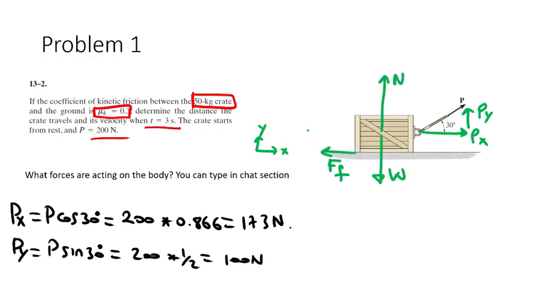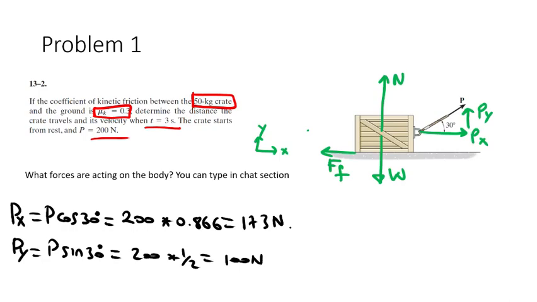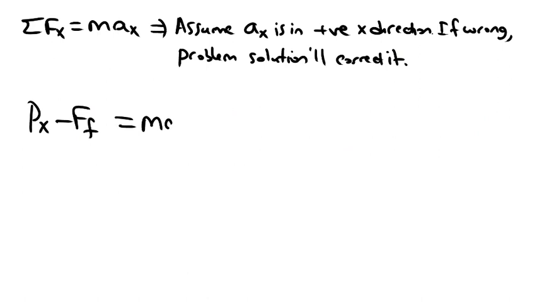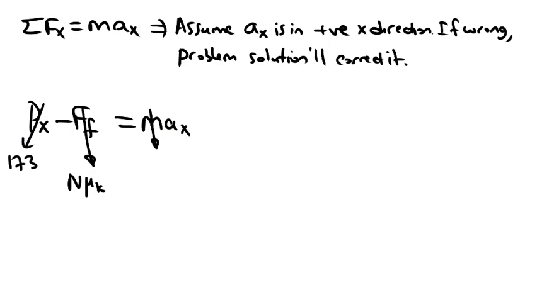We have Px, which is positive, 173, minus the frictional force, equal to m ax. Ff is the normal force times the friction coefficient, and this is unknown. The mass is 50 kg.